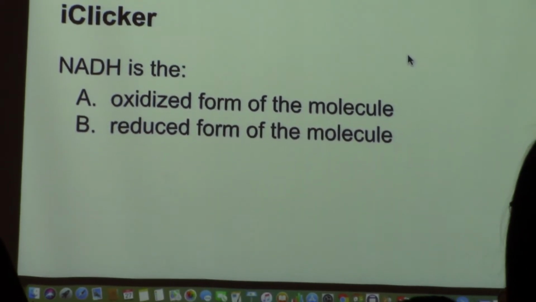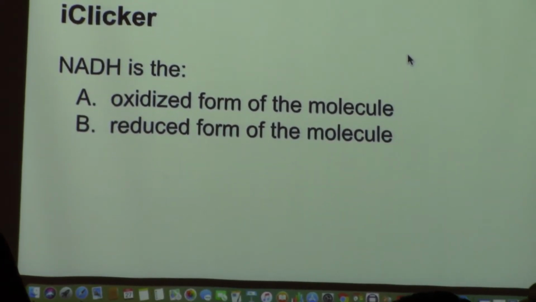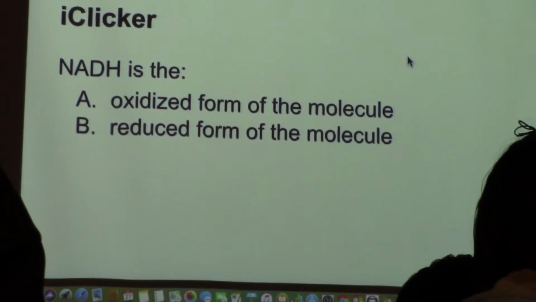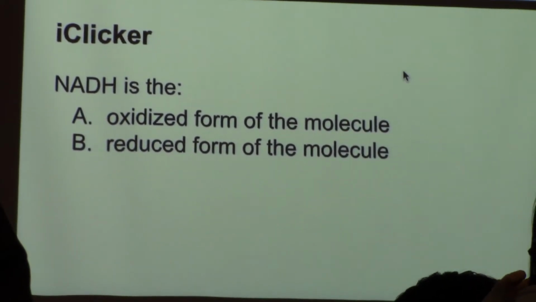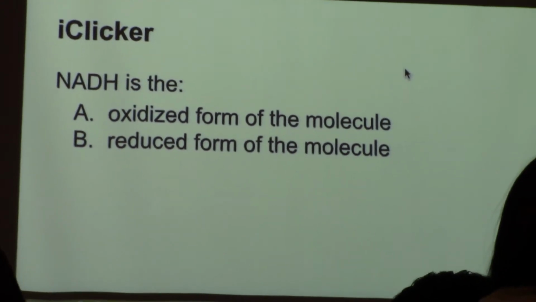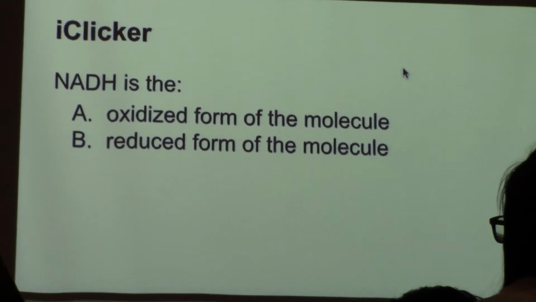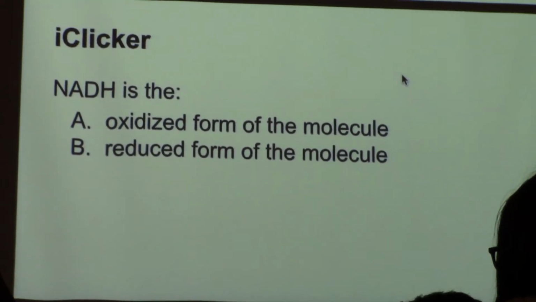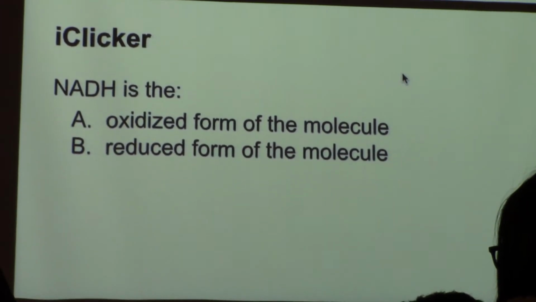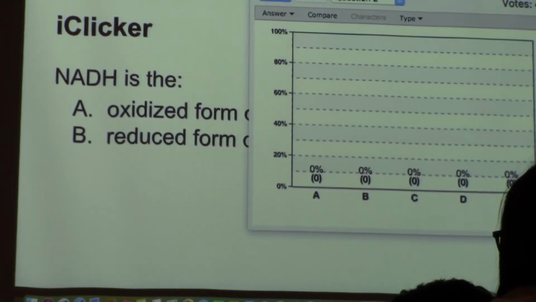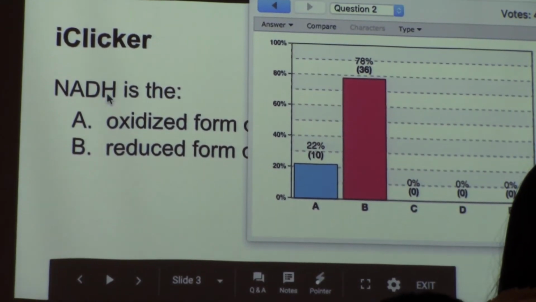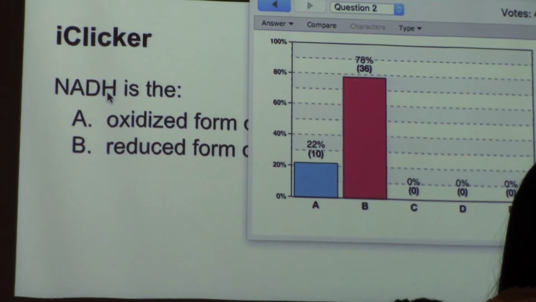NADH, is this the oxidized form of the molecule or the reduced form? NAD plus is the oxidized form.